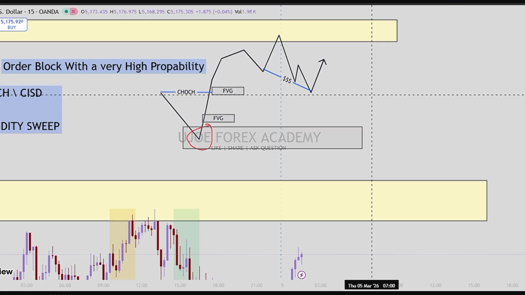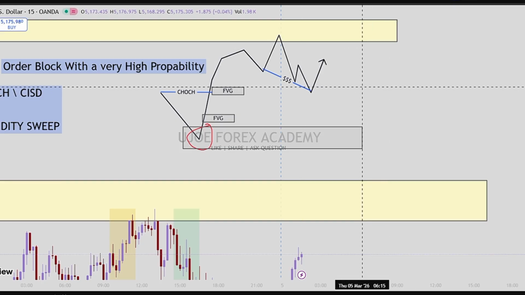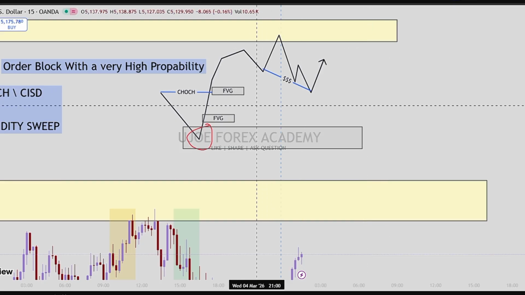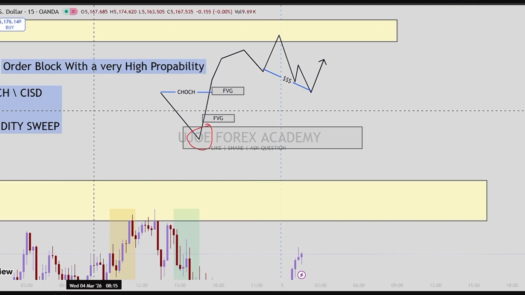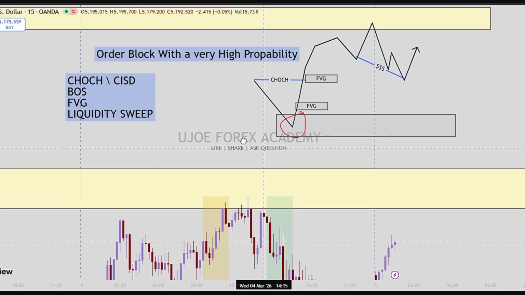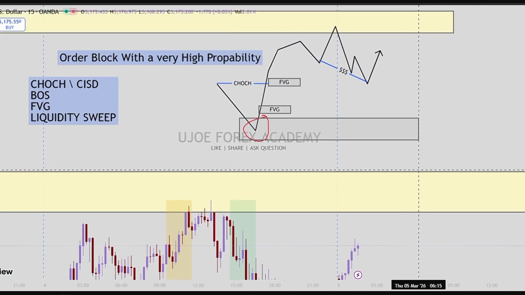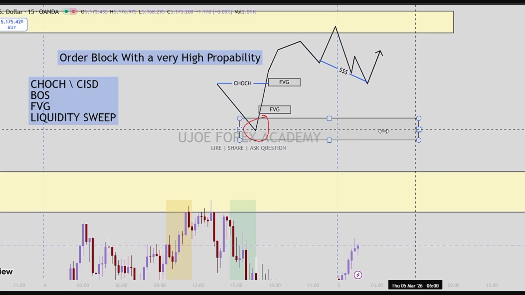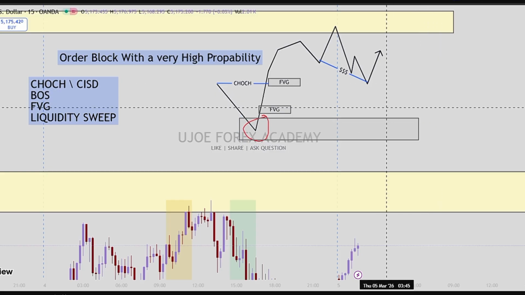So if it's the buyers that are in control of the market, then you're going to be having that bullish trend. Are we together now? Then if it is the sellers that are in control, you're going to be having a bearish trend in the market. So this is pretty much how it works.